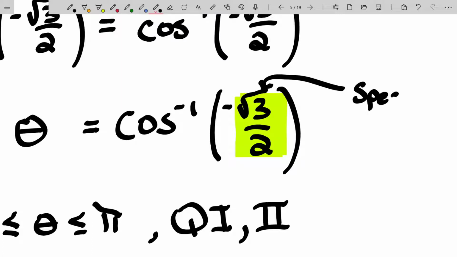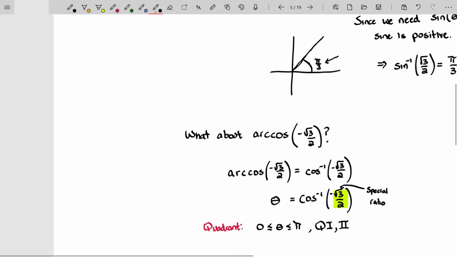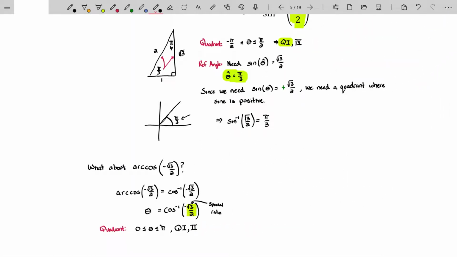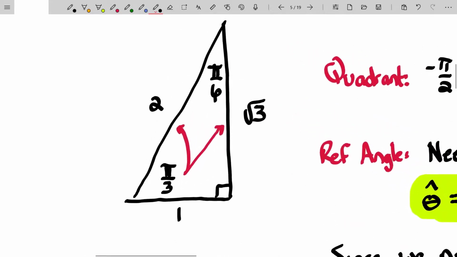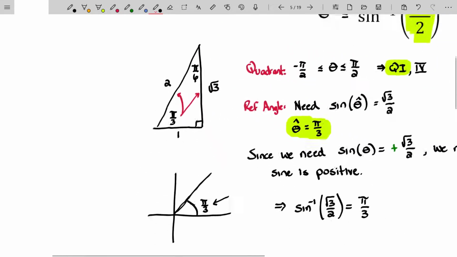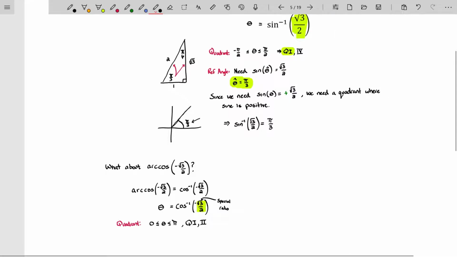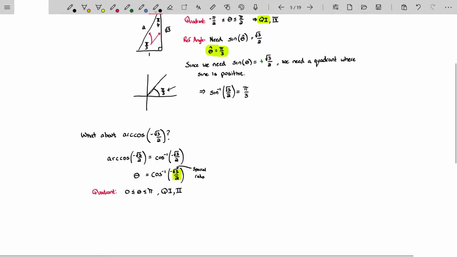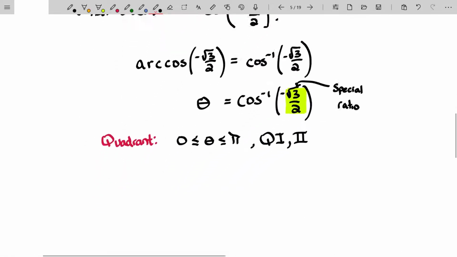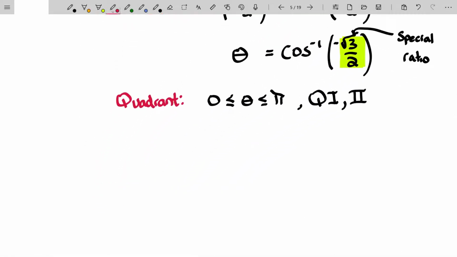And so I reference a special triangle, which I have up above, right there. And in this special triangle, I need the cosine of my reference angle to be root 3 over 2. So again, I'm going to write that down. I need, under the reference angle step, reference angle.